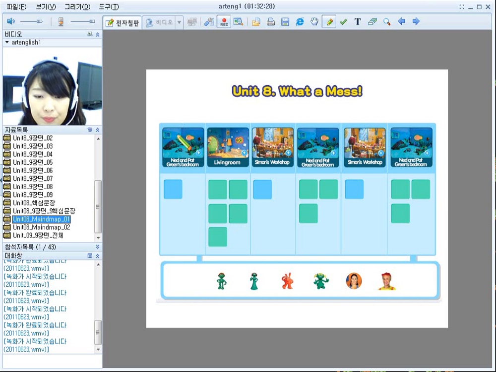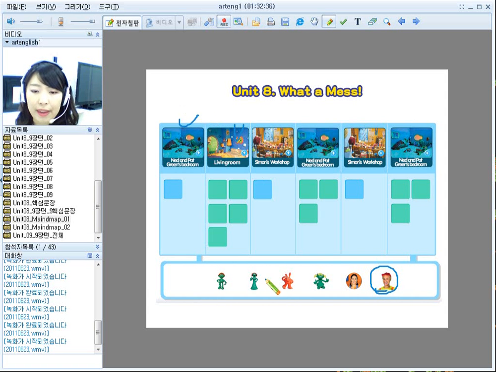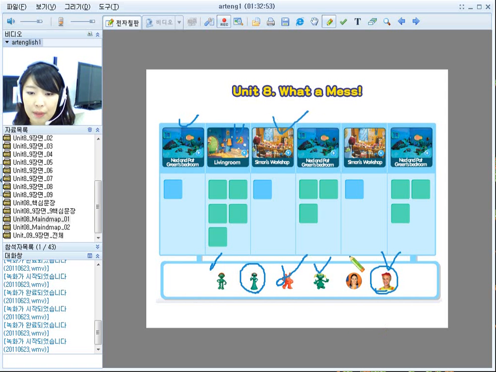Here's the bedroom. There was Simon. And in the living room, who were there in the living room? There was Mrs. Green, Simon, and Pat, Ned, and Zing was hiding in the toy box. And in Simon's workshop, there was Nikki.